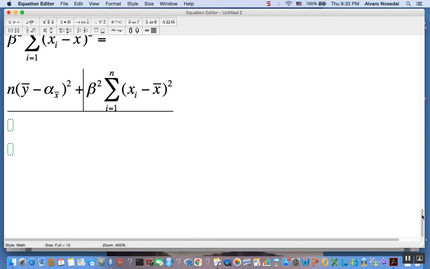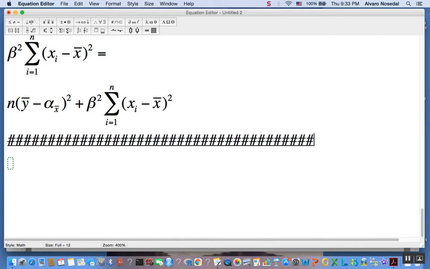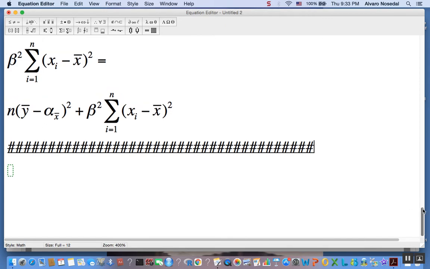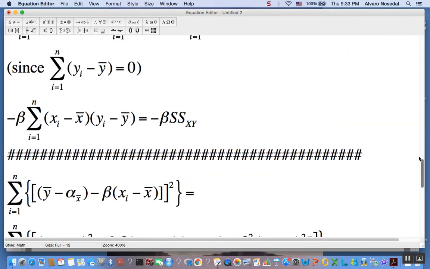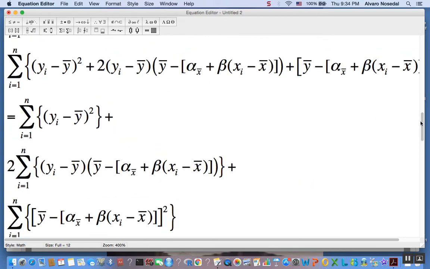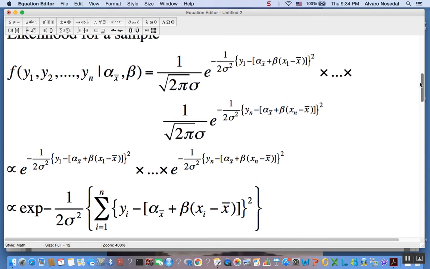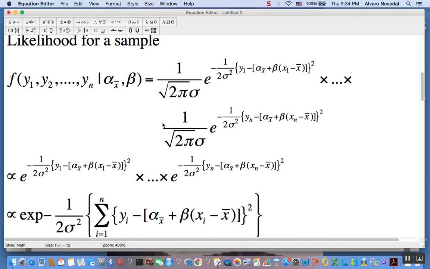So after our hard work, we're going to be able to simplify the expression that we had for the likelihood. So this is what we had at first, right? Let me remind you. We had that the likelihood for the sample was an exponential to the power -1 divided by 2 times sigma squared times this, right?